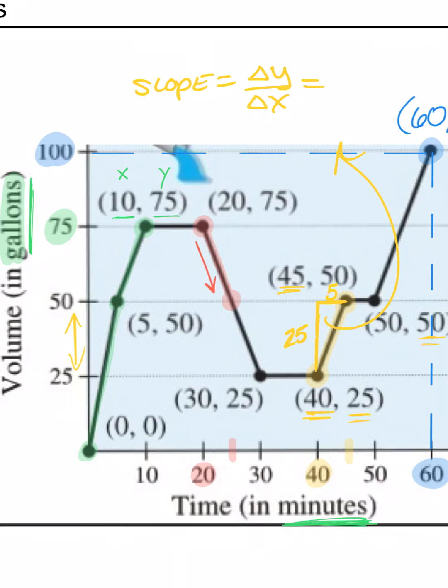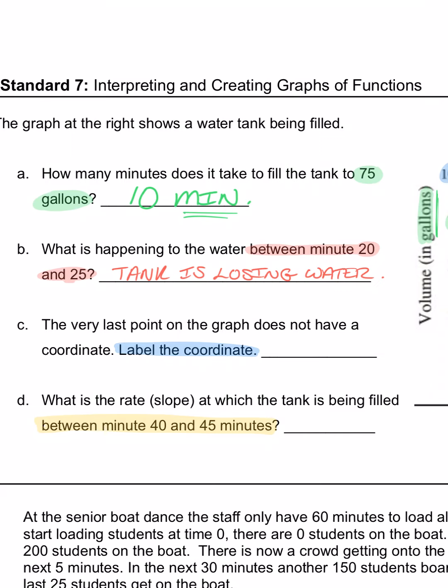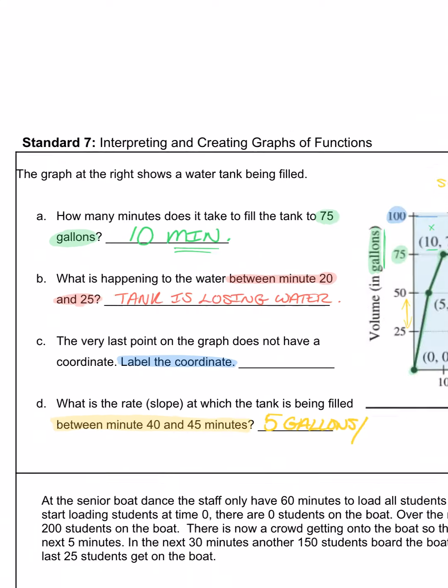That's just 25 divided by 5, which is 5, or 5 over 1. The slope is 5. So it says, what is the rate, slope, at which the tank is being filled? We can say 5. Now, gallons is the unit. We're going to say 5 gallons per minute.